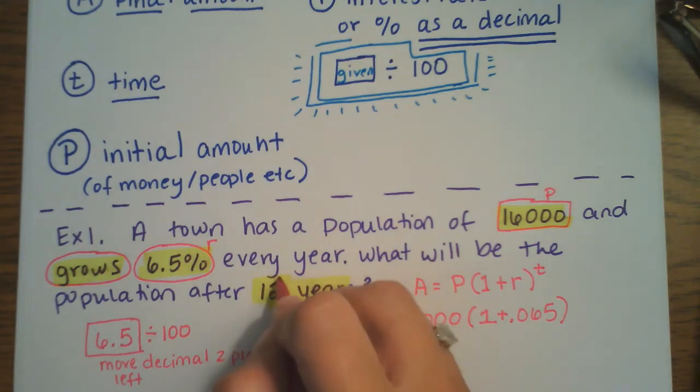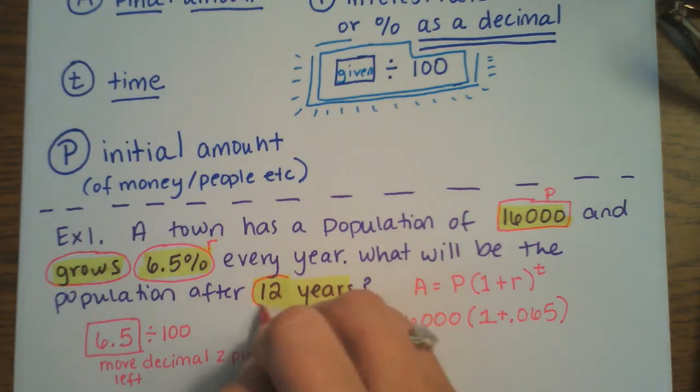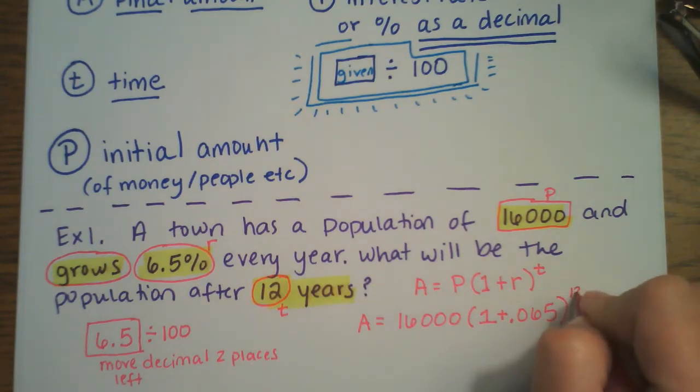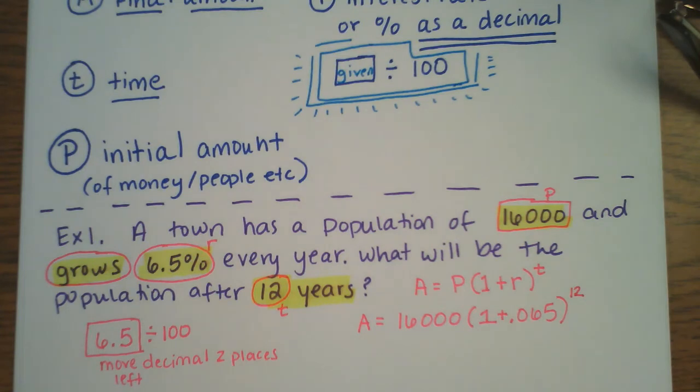And so then Jeremiah says 12 is time, or T. So that is an exponent. Please make sure that's itty bitty up there. And so I don't think that you'll be able to calculate this with your phone. I don't know about the exponents on that. So it'd be great if you had some sort of calculator to use.